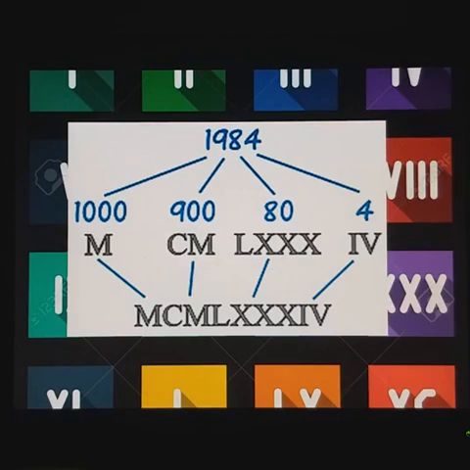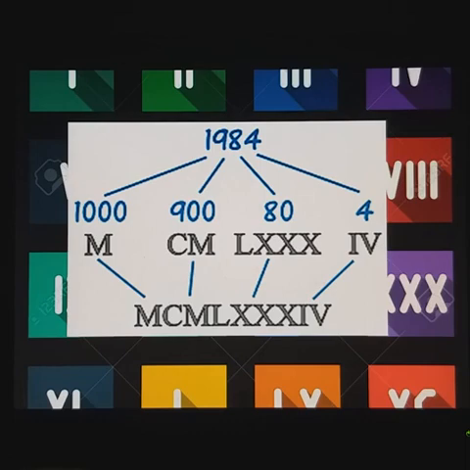Now let's see how we can write 1984 in Roman numerals. Let us first expand the number. 1000 plus 900 plus 80 plus 4. We know that the symbol for 1000 is M. And 900, how can we write 900? 1000 minus 100.